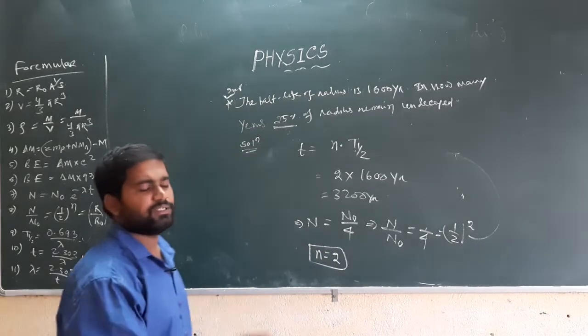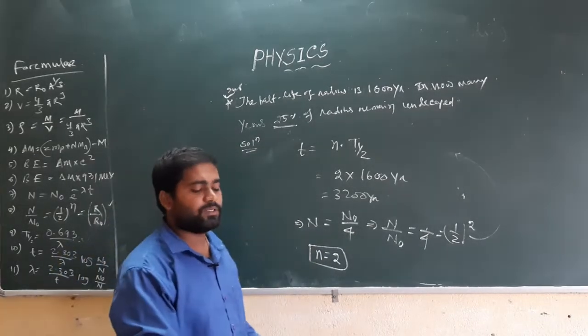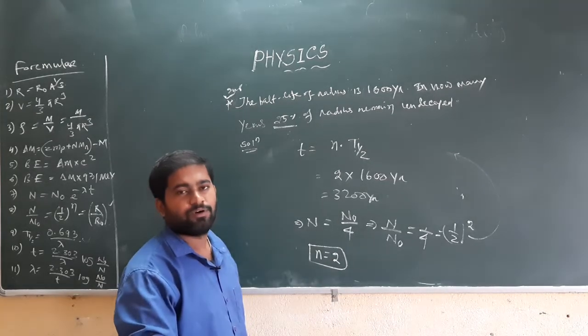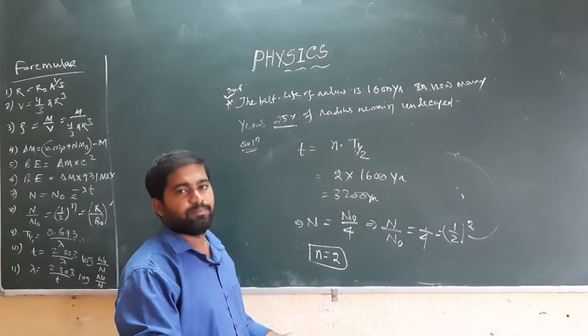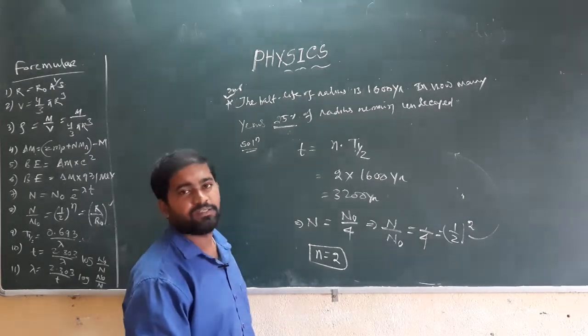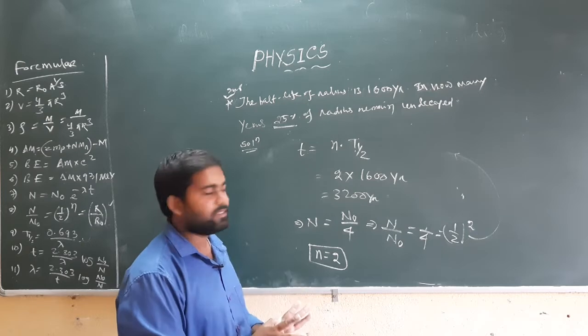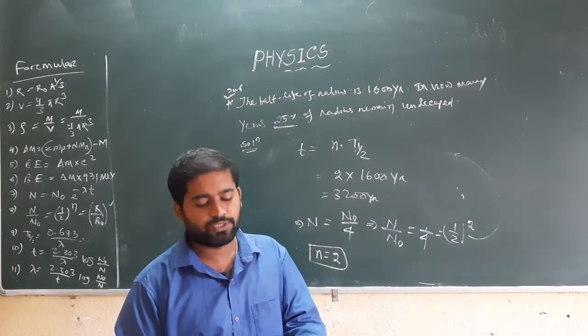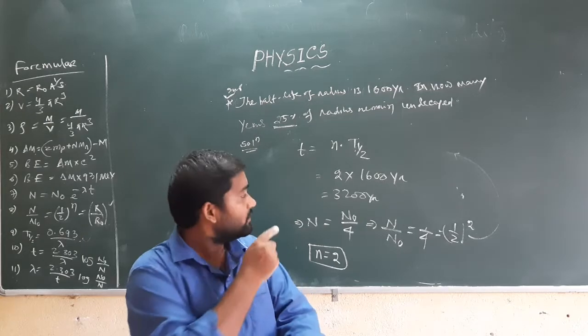So after 3200 years, 25% of the radium nucleus remains undecayed if the half life of the radium is 1600 years. Understand?